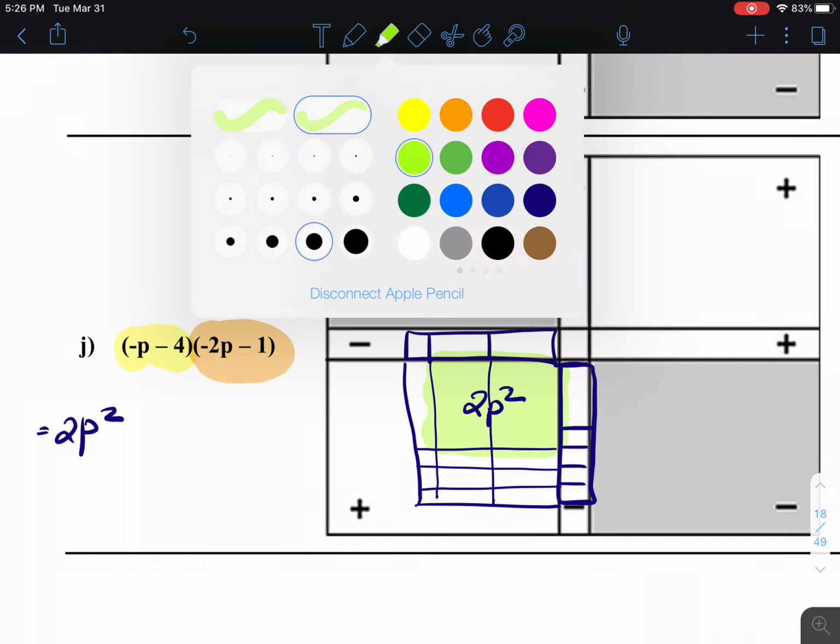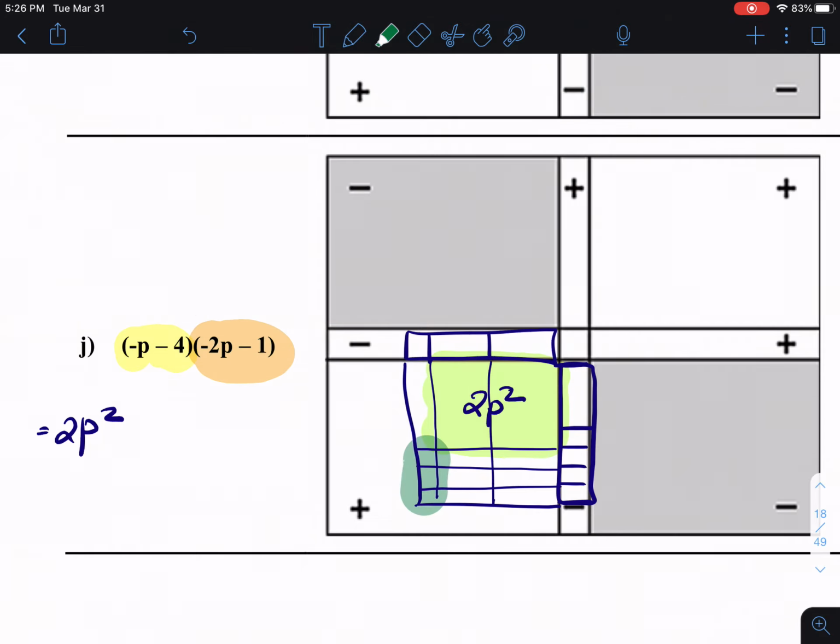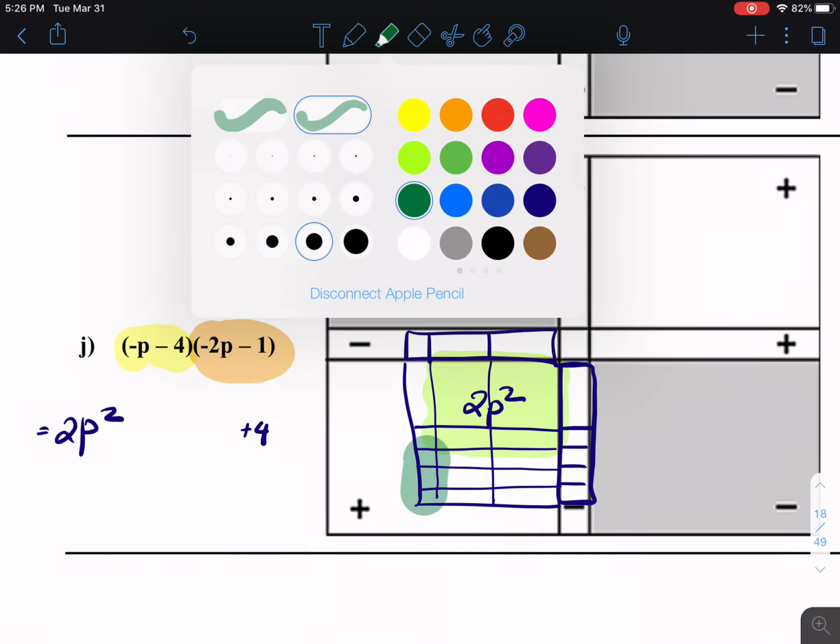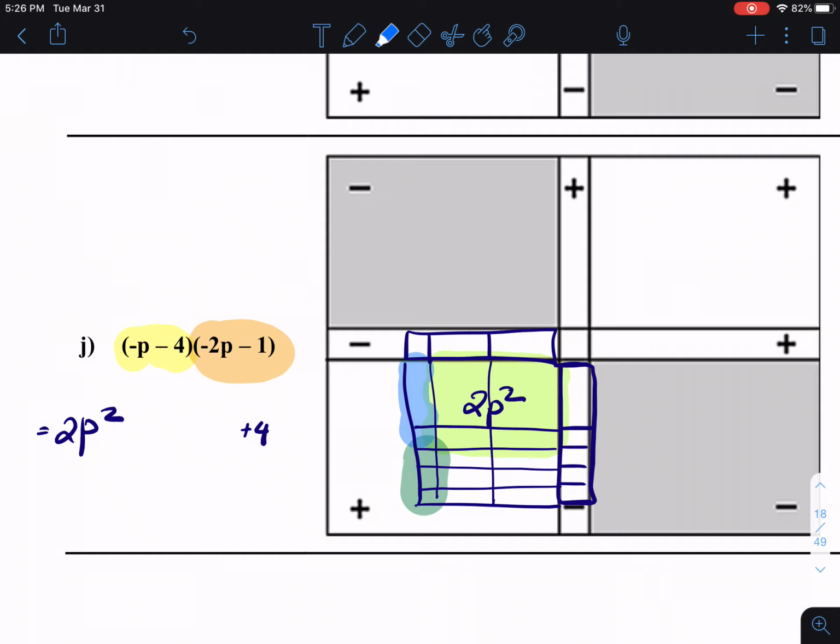There's another region, this region. And that region is going to be the plus, oh my goodness, this got erased as well, plus 4. All right, and then there are two other regions, and those regions are this one, let me just make sure that I don't run over here, and this one.